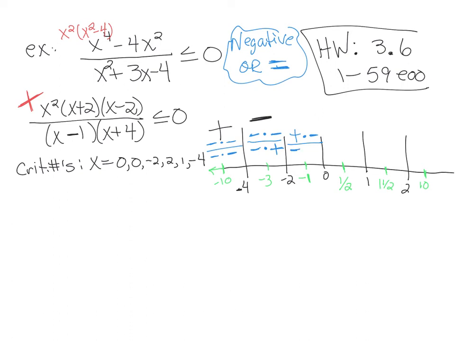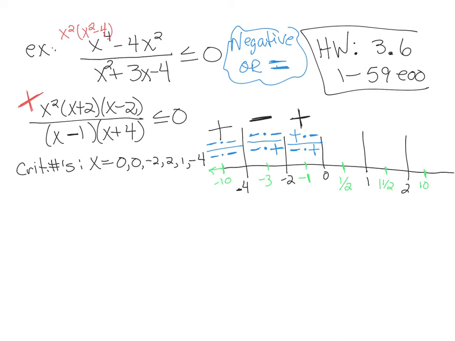And -1 plus 4 is a plus. So we had one sign that flipped. Now I have two minuses, which mean the whole thing flips to be a plus.